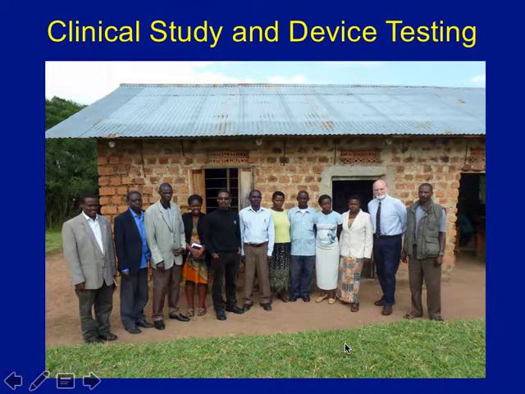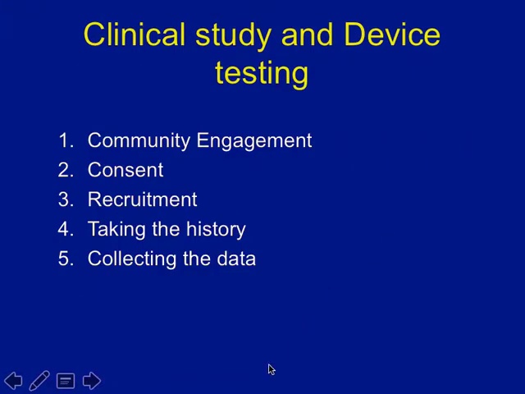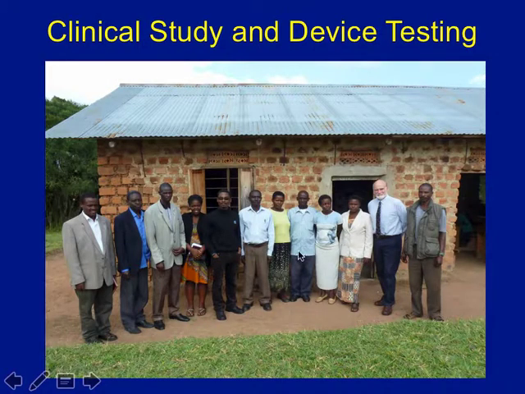So then we had to go on and do a little bit of the clinical study and the device testing. I put up this photograph. I'm showing you Andrew. It's like 40 degrees out, but Andrew's there with his tie and his shirt. I mostly want to show you this because we have community members and collaborators here, and I wanted to show you what the area physically looks like, where Andrew was working.